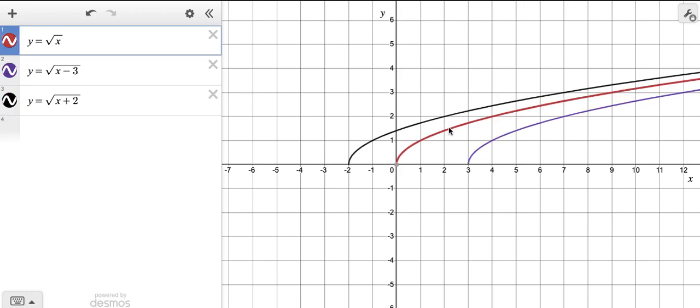Some students already noticed, if I just pay attention to this starting point here, which is 0, 0, that to the purple one it's actually moving 3 units to the right.